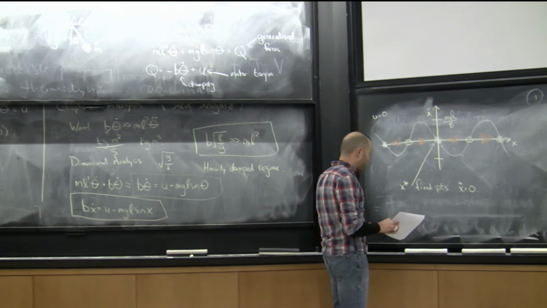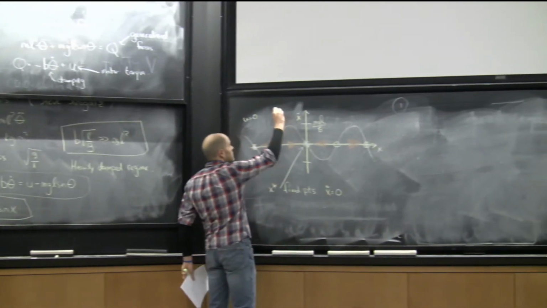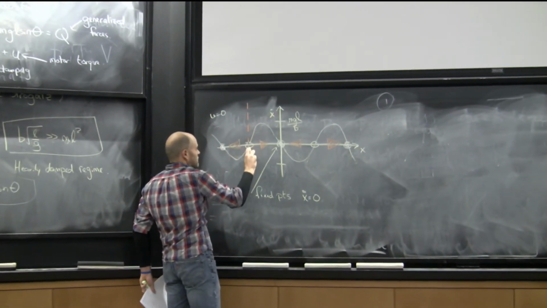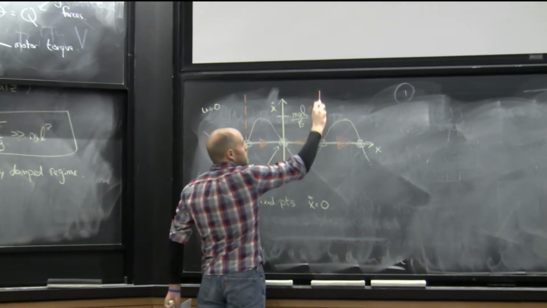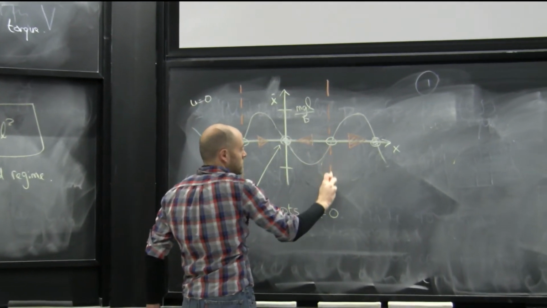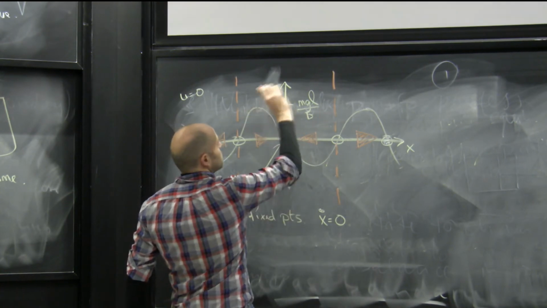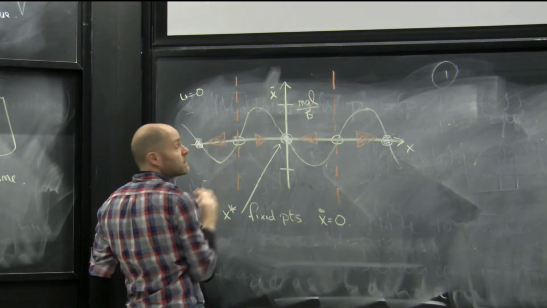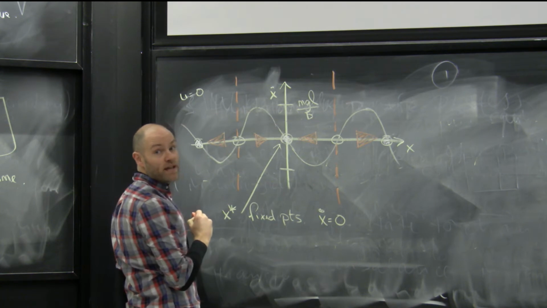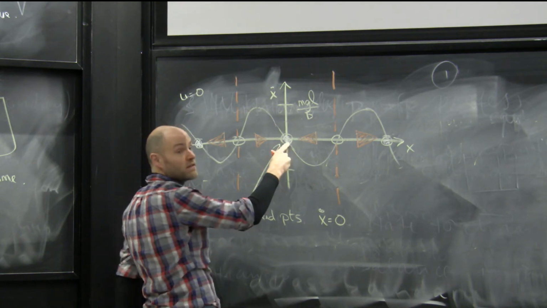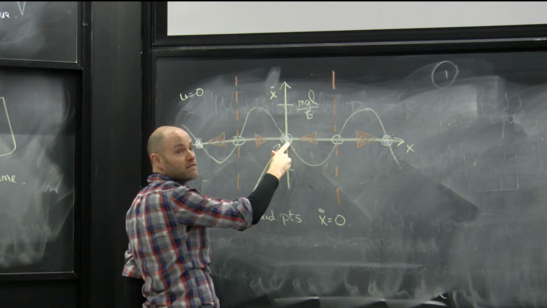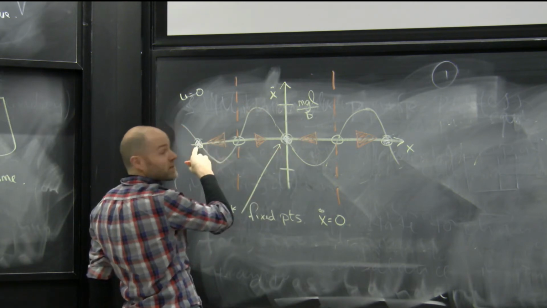I know that for this set of states, everything in here, not including that line, x is going to be there at time goes to infinity. And for this set of states, it's going to be there.